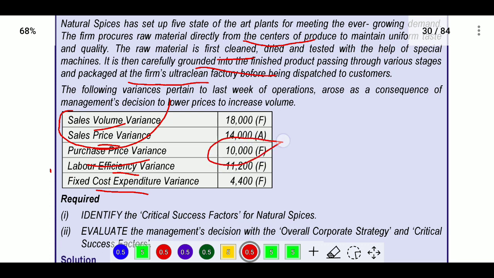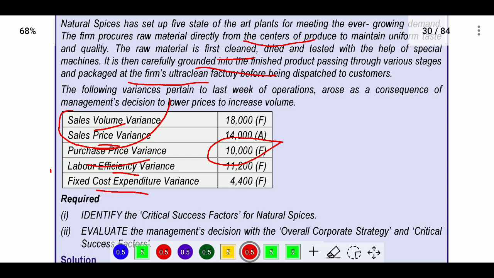Favorable means we are purchasing at a lower price, at lower quality, which means we are cutting our cost.